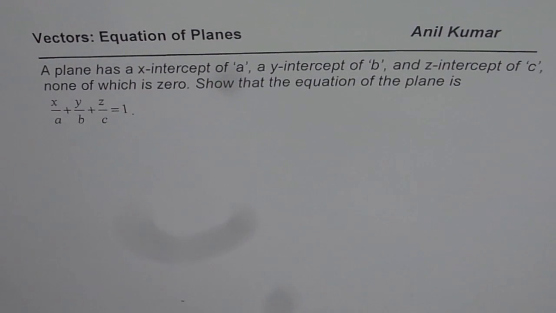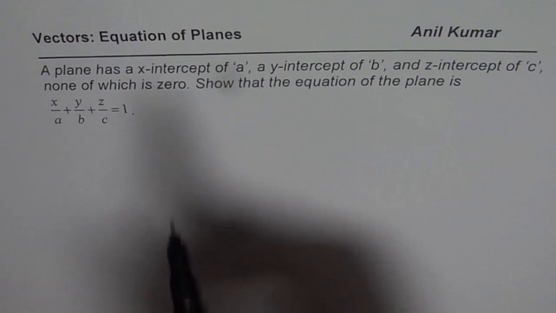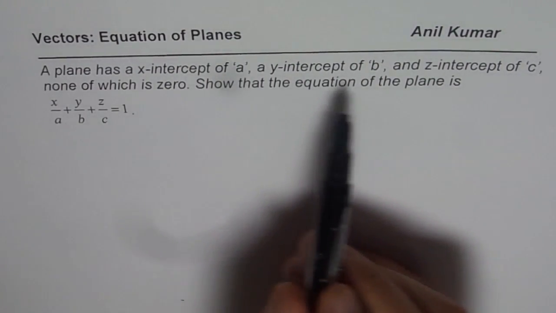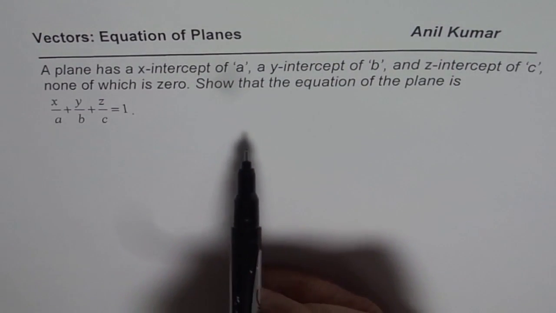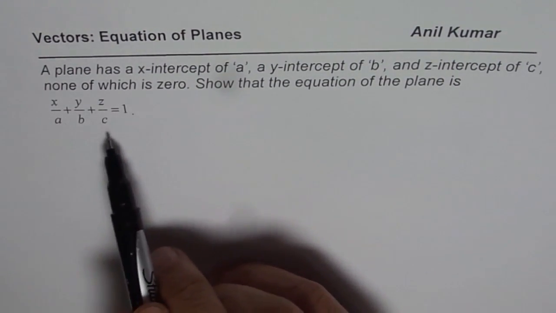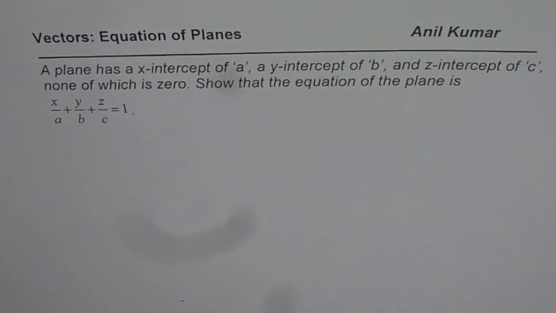So let us try to understand the question itself. What we are given here is that a, b and c are x, y and z intercepts for a given plane, and we need to write the equation of the plane, right? So that is the question.